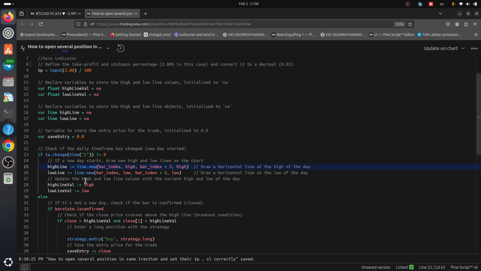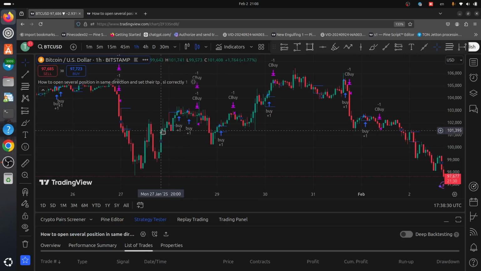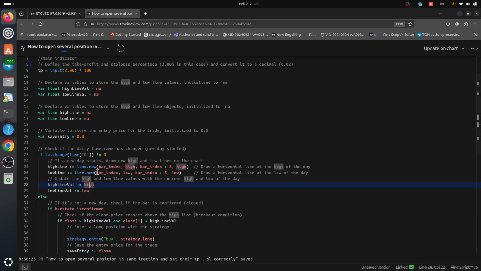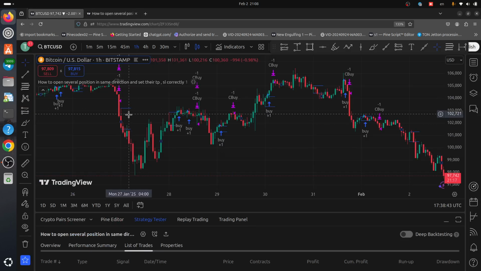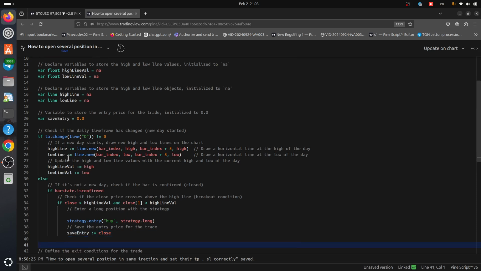We draw a high line and low line, and we update our high line value with the high of this first candle of the new day, and our low line value with the low. So we have these values. Now if we are in the day and it's not a new day, it means else.